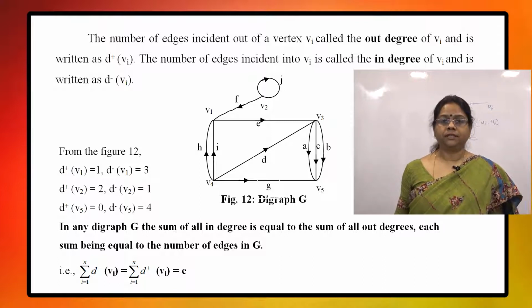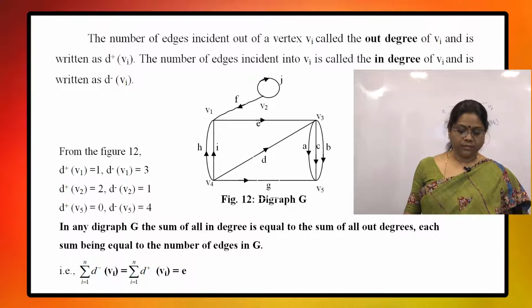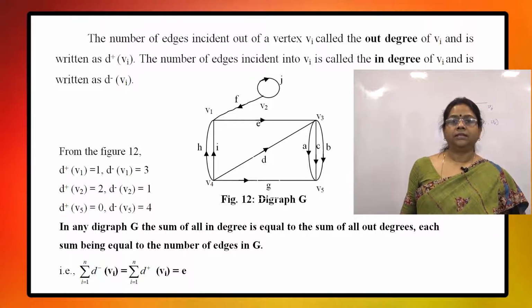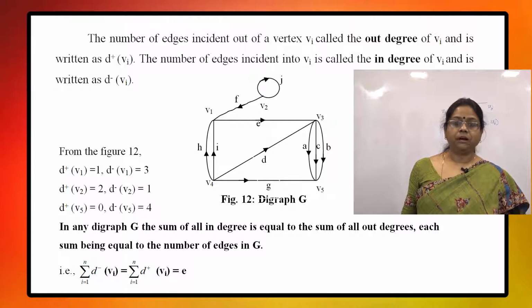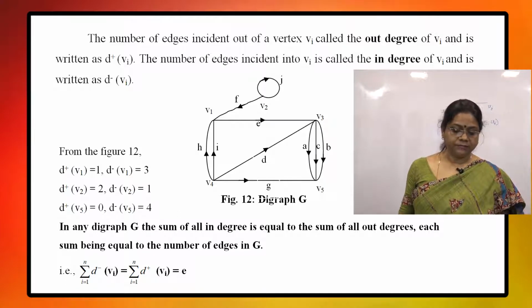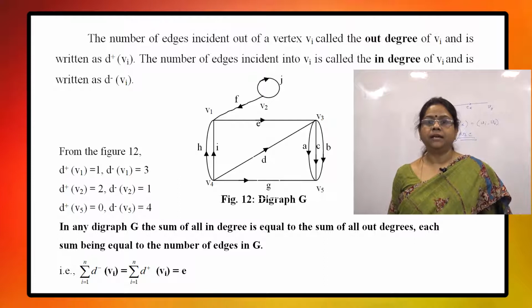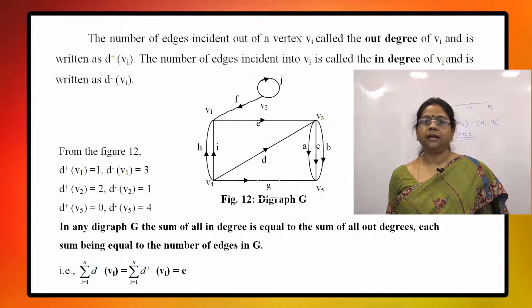To differentiate these two phenomena, we call this the out degree of V1. Out degree of a vertex is the number of edges incident out of a vertex, and in degree is the number of edges which are coming to the vertex Vi, and they are denoted by d plus Vi and d minus Vi.